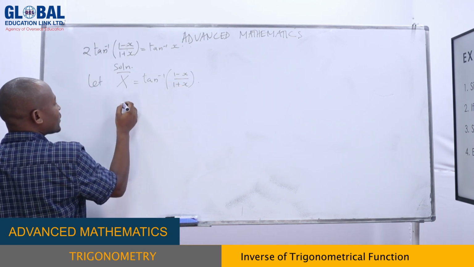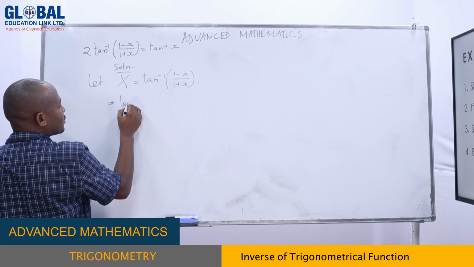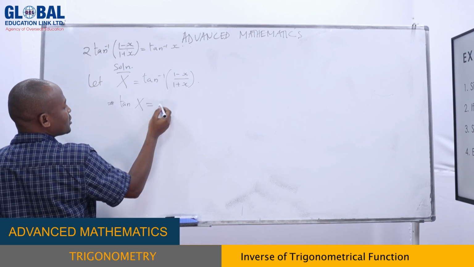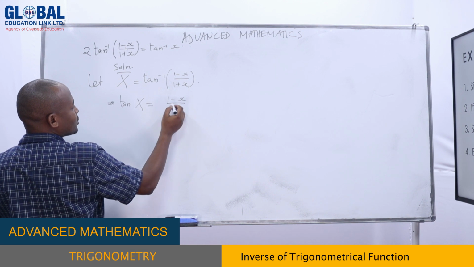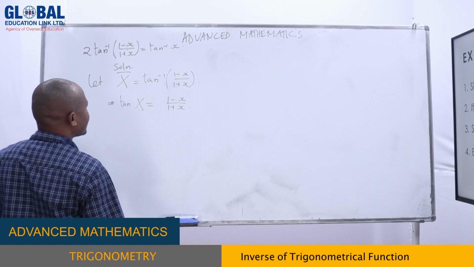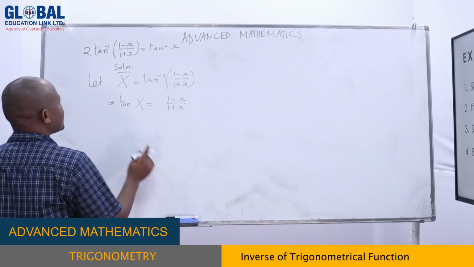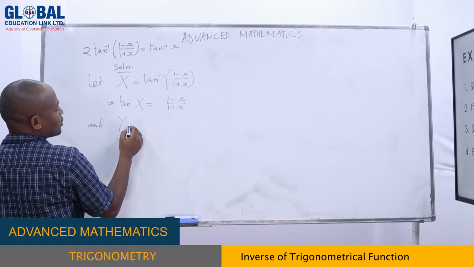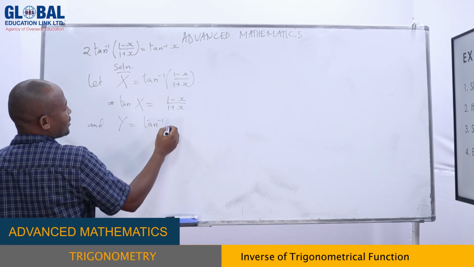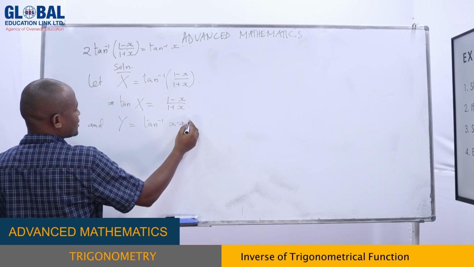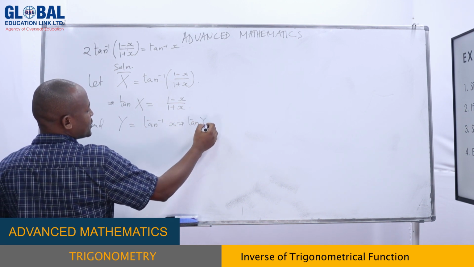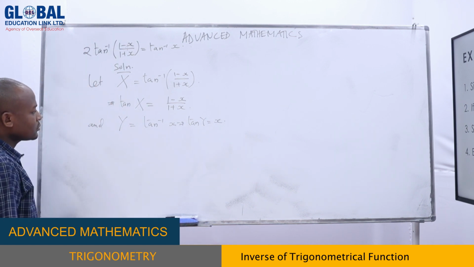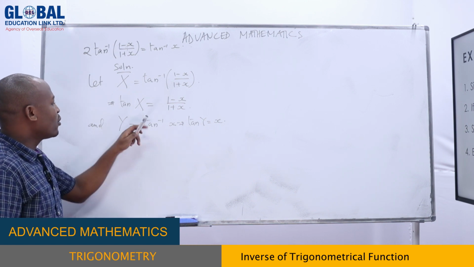That is to say, tan of capital X equals 1 minus small x over 1 plus x. And what about the other side? Let capital Y equal tan inverse of x. That is to say, tan of capital Y is equal to x. Now, what can we do from there?